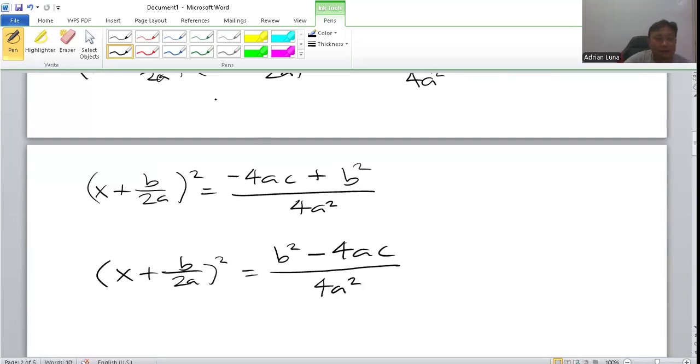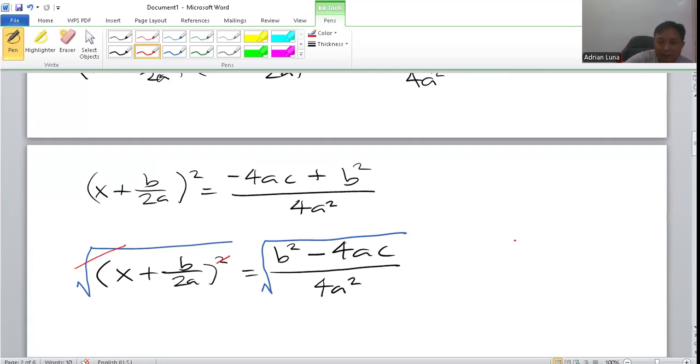Then our next step is to take the square root of both sides, kasi ang hahanapin natin is yung value ni x. Para ma-extract natin si x, tatanggalin natin lahat ng kasama niya. Unang tatanggalin sa exponent, kaya we take the square root of both sides.